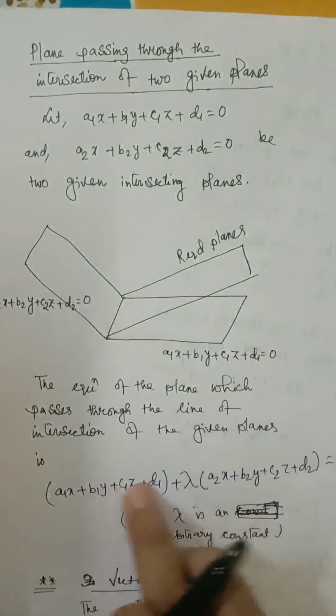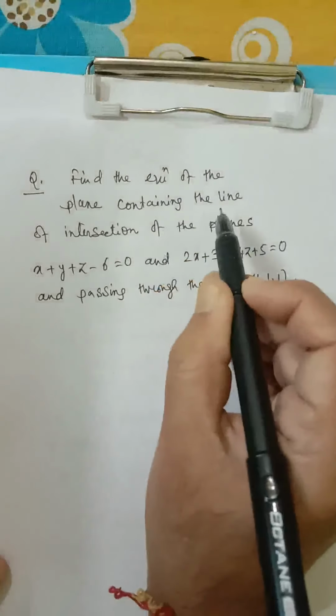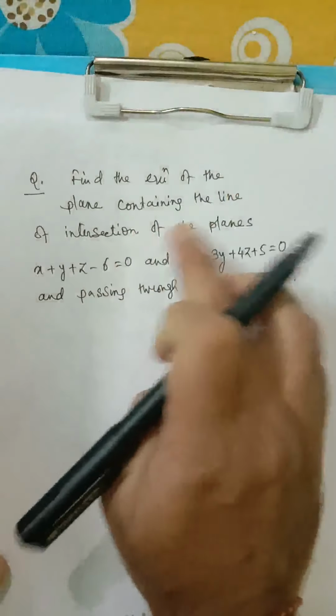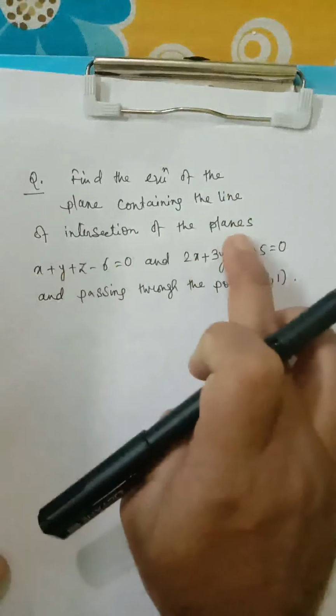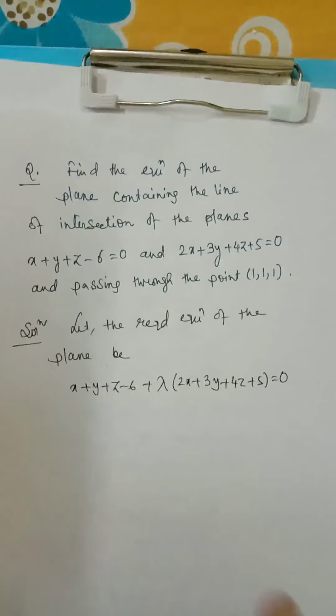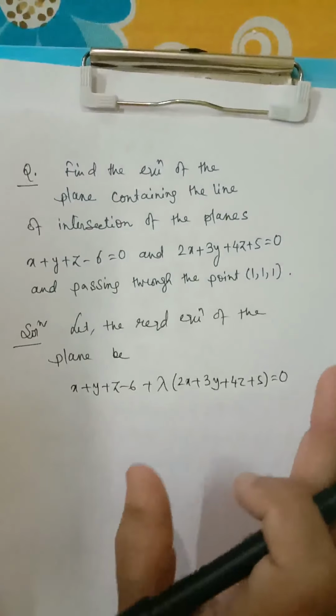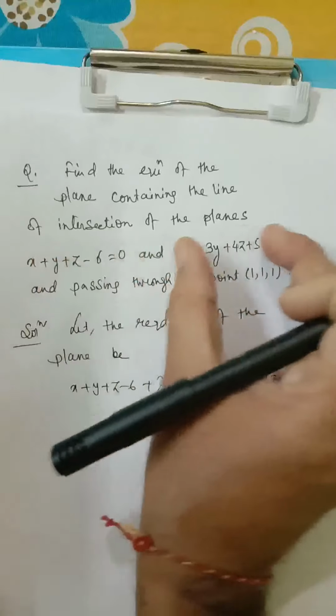Now we have to use this idea. We have to find the equation of the plane containing the line of intersection of the given planes. We know how to write the equation of a plane through the intersection of two planes.